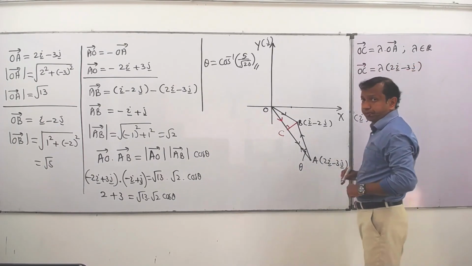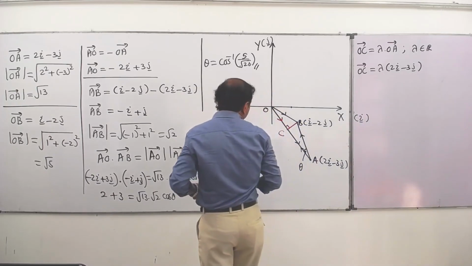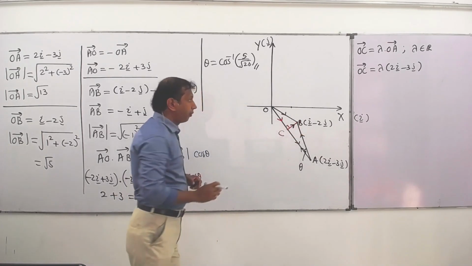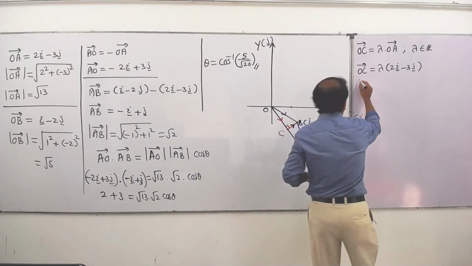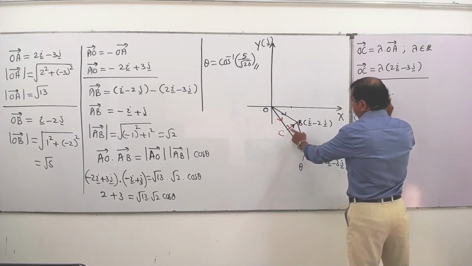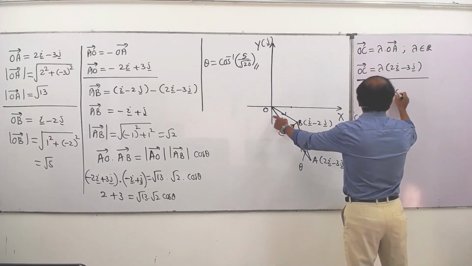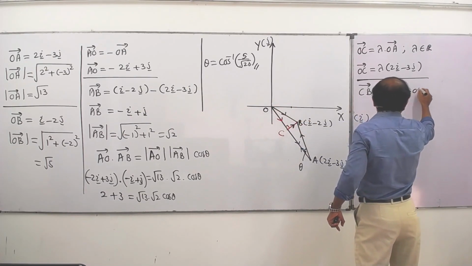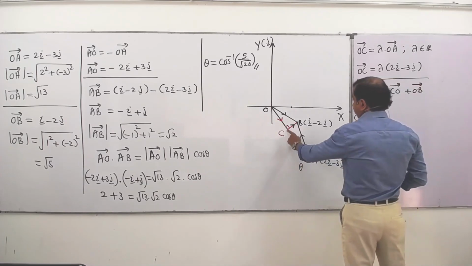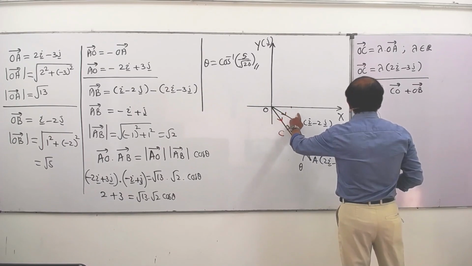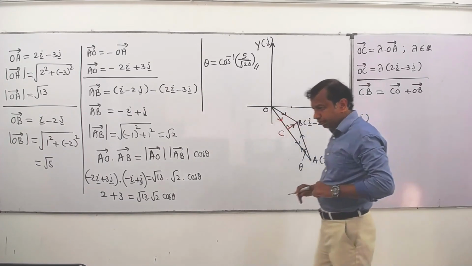Now I write the CB vector, the C to B vector. How to write the CB vector? CB vector you can write as CO plus OB.